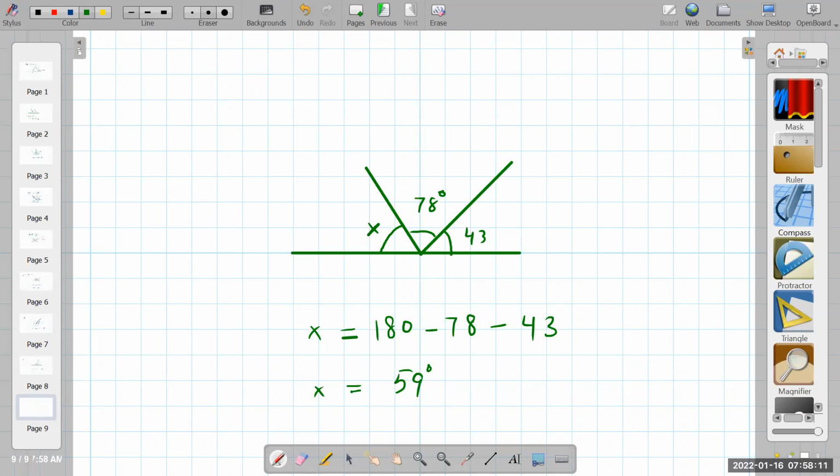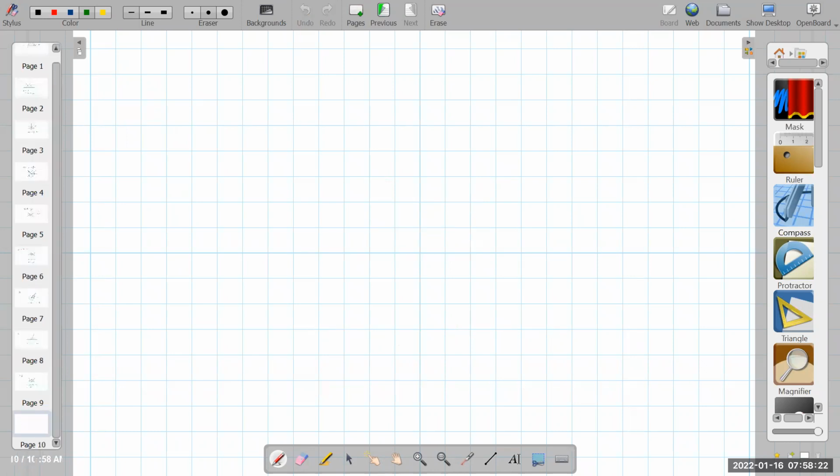Question 1E, page 315. Now question F is similar.